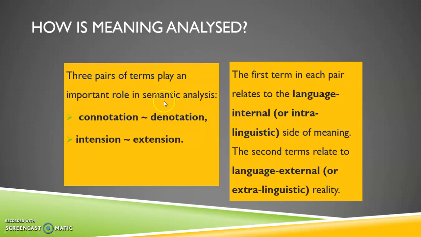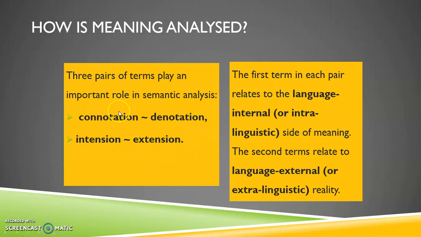So the question here is, how is meaning analyzed? There are three pairs, but we are going to deal with two here. I have just chosen two. Two terms play an important role in semantic analysis: connotation and denotation, intension and extension.